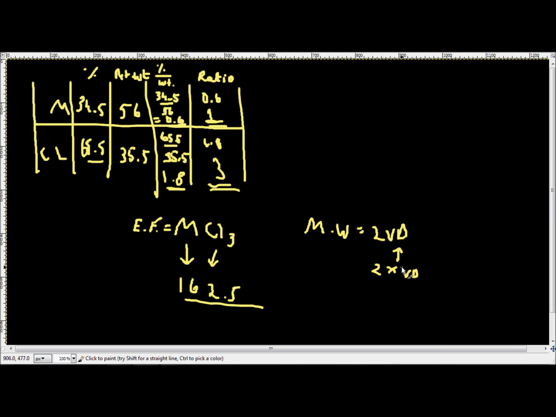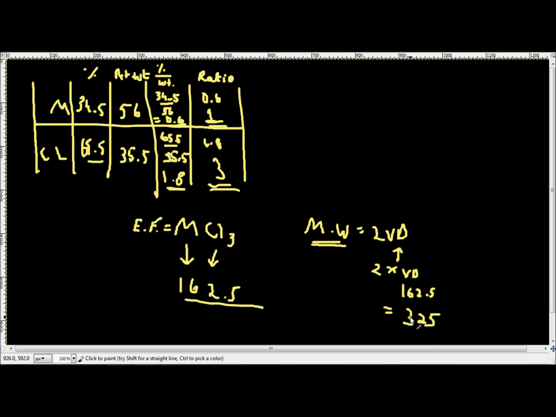What you do with the molecular weight, I'll come to that right now. But in most of the questions, they give you the molecular weight directly. But since here in this question they've given the VD as 162.5, you can see that it's going to cut already. So this will become 325.